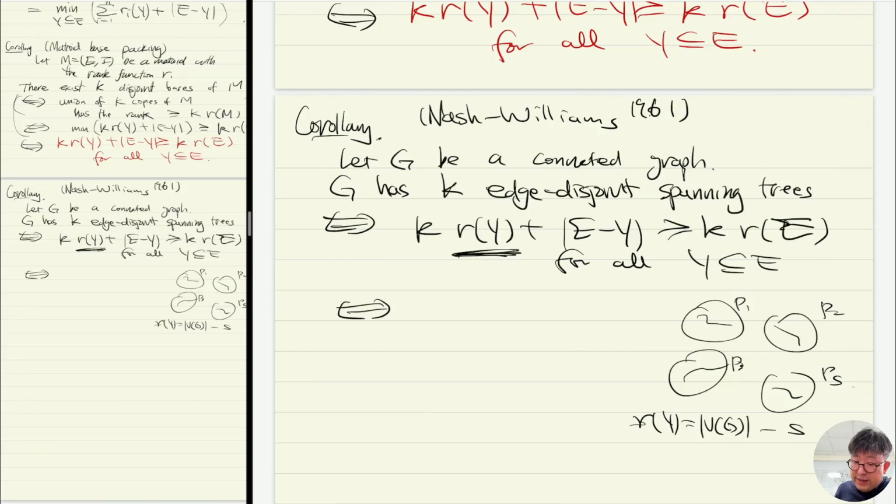And then E minus Y is the set of edges not in Y. So that is edges between them and edges inside a component. But if you have edges inside a component, then I can include them in Y so that the rank of Y doesn't change. So E minus Y is getting smaller.